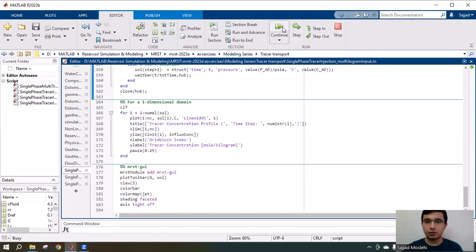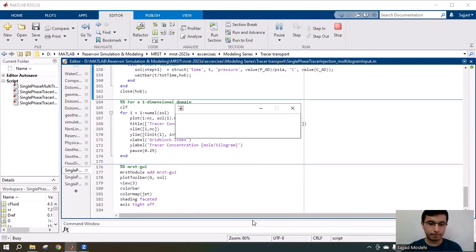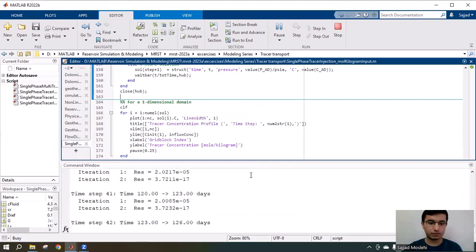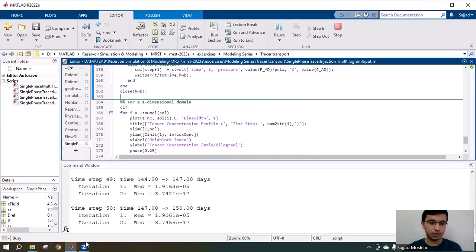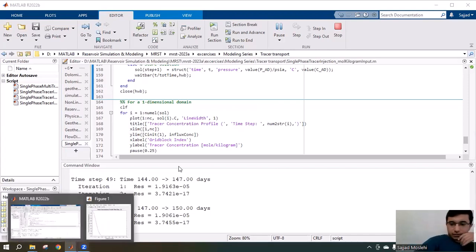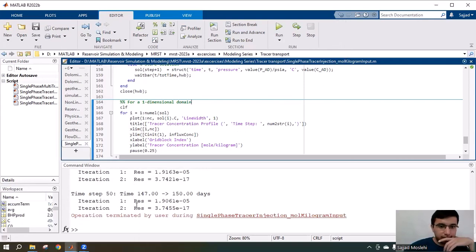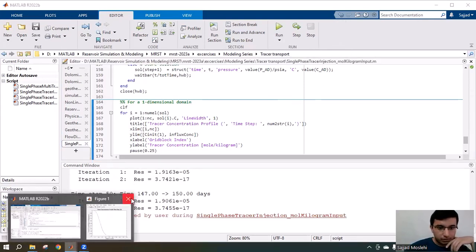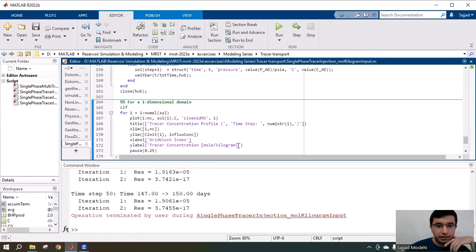And let me continue running it. All right, great. It was very slow. All right, let's see the result. Let me stop it because the result is already shown in that window.